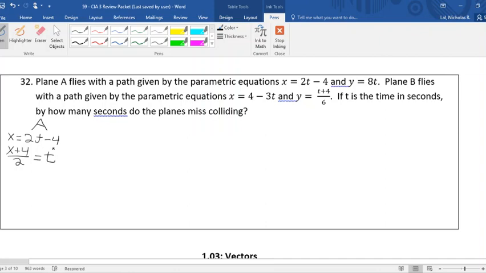Now we can plug this into y is equal to 8t.